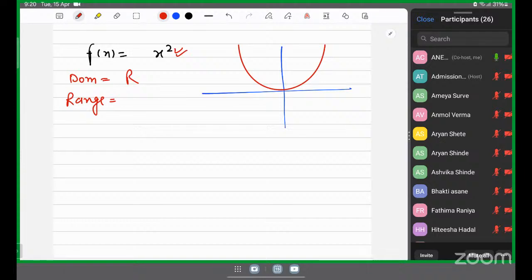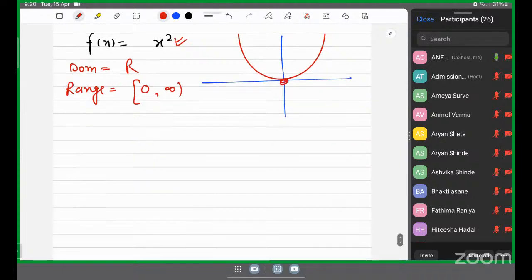So its range will be either 0 or any positive number. It can attain 0 if you put 0. At input 0, it will be 0. So there will be a closed interval at 0, 0 to infinity. Understood?